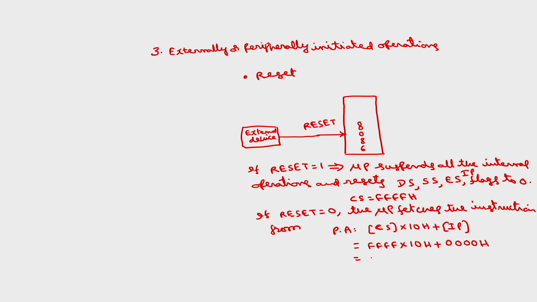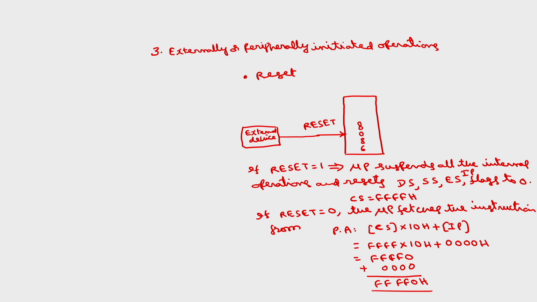Therefore the address becomes FFFF0 plus 0000H, which is FFFF0H. So the microprocessor fetches the instruction from this address location. This is about the reset operation.